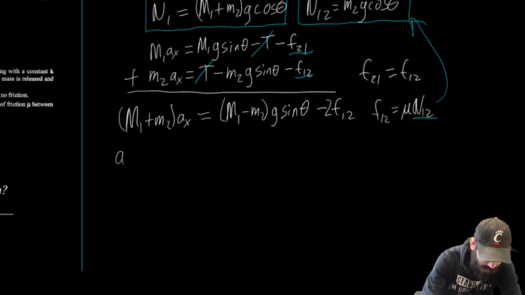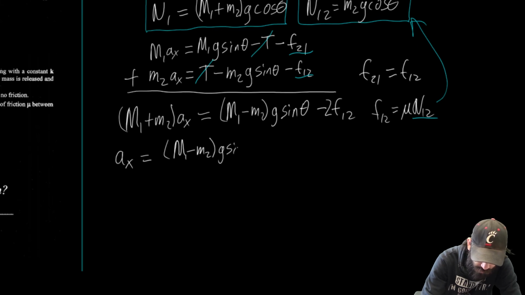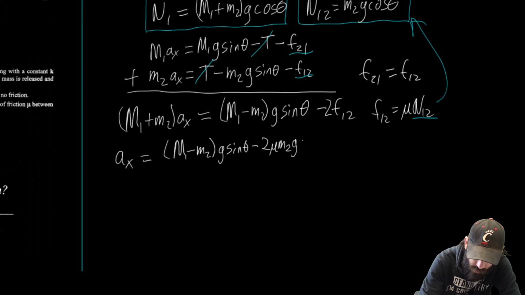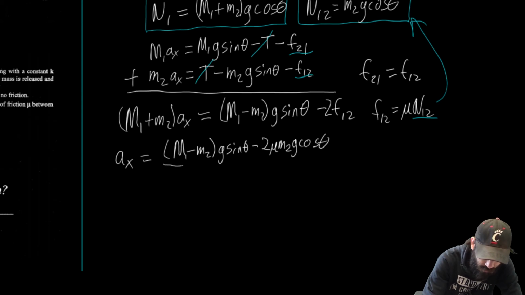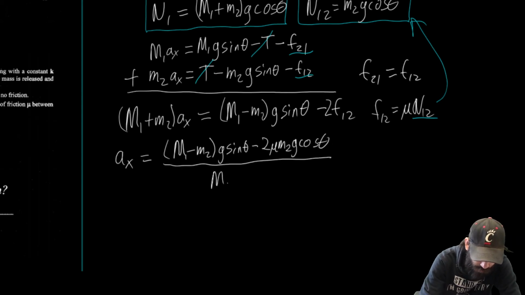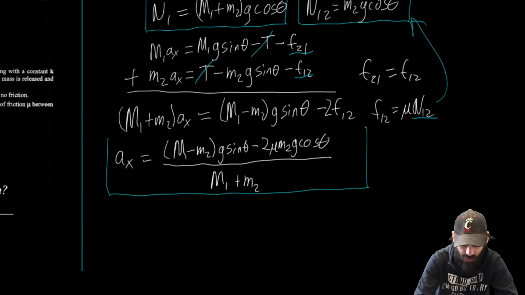And so what we end up seeing is that the acceleration is going to be M1 minus M2 times g times sine of theta minus 2 times mu times M2g cosine of theta divided by capital M1 plus M2. Okay, so that's our acceleration.